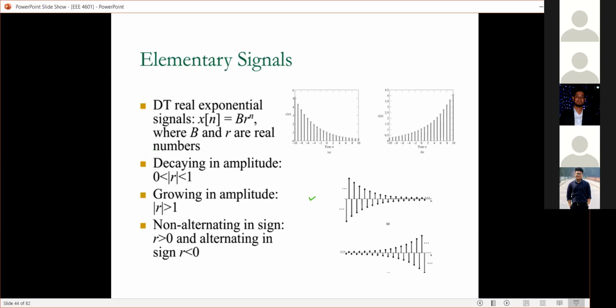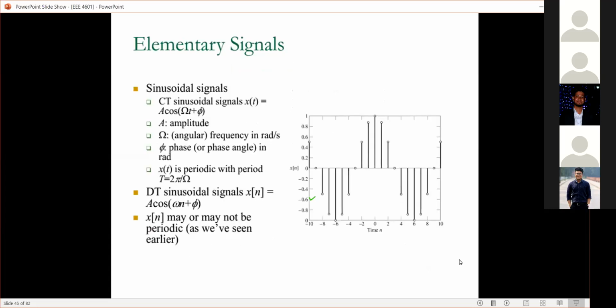So in reality, b should be bounded and r should be less than 1, then we get a bounded signal. So three scenarios are expressed there. You will understand this scenario. You can plot this by using your computer or even by hand to understand how a discrete time exponential type signal works.